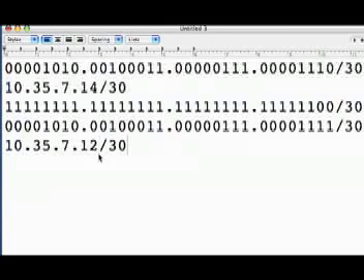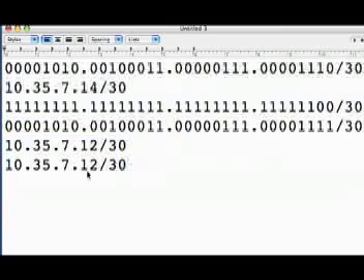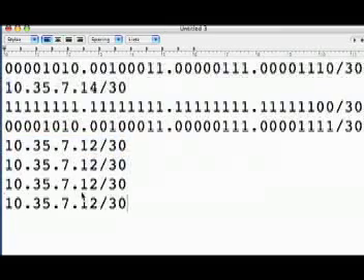So let's write all of those out. So our valid IP addresses in this subnet are .12, .13, .14, and .15.